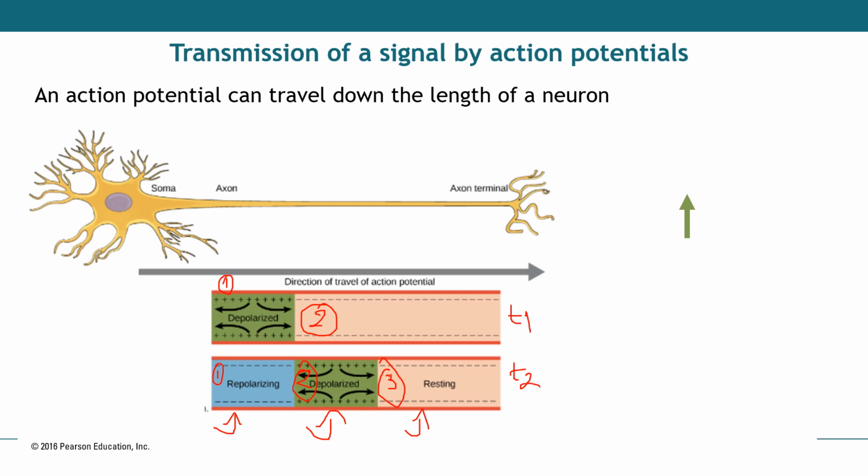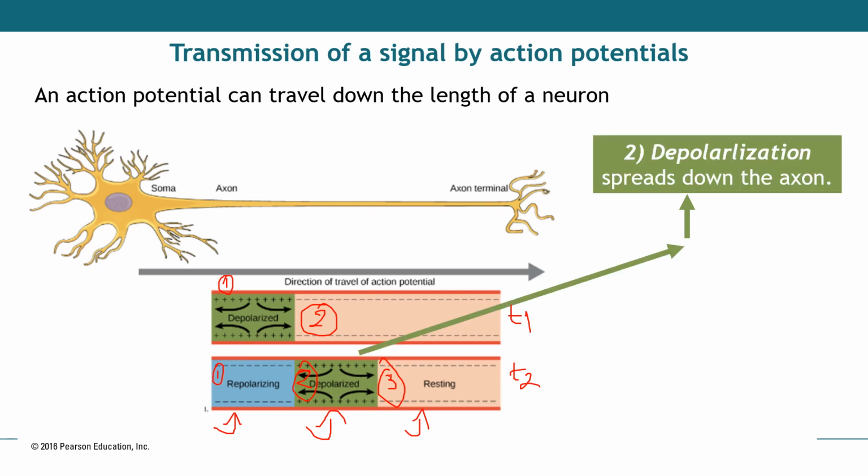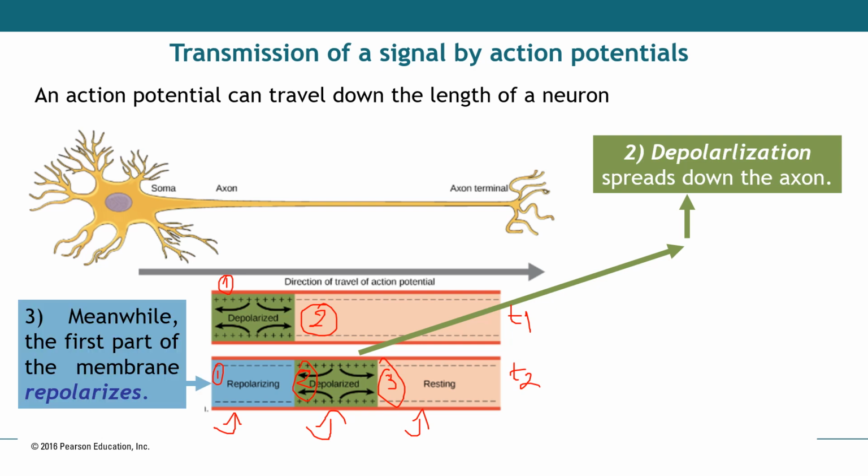Here the channels have closed, and now we are trying to come back to a negative charge inside of the cell. So remember, I told you that there could be multiple things happening in one single axon, and that the depolarization is spread down the axon, and that the first part where there was depolarization before is now repolarization.